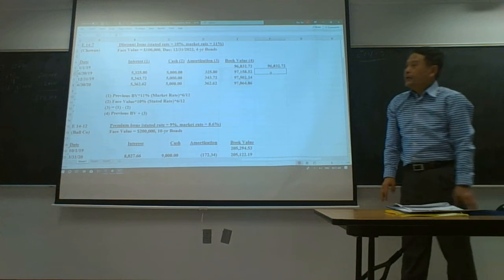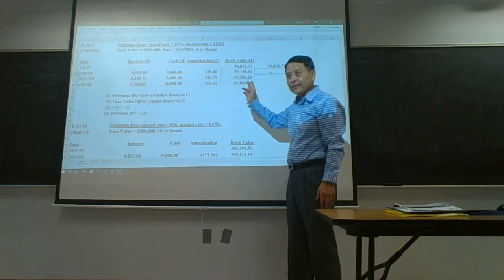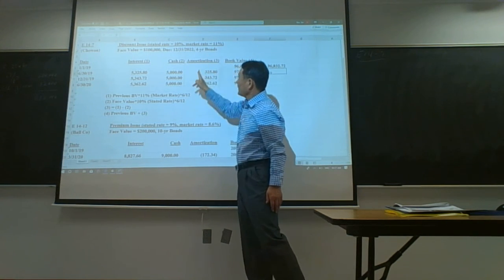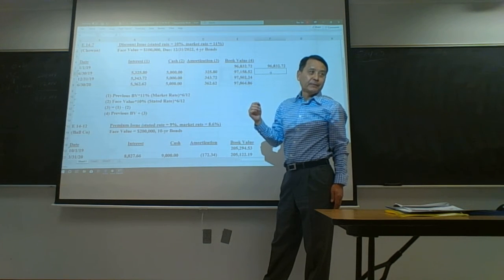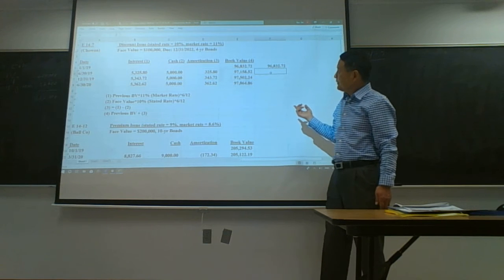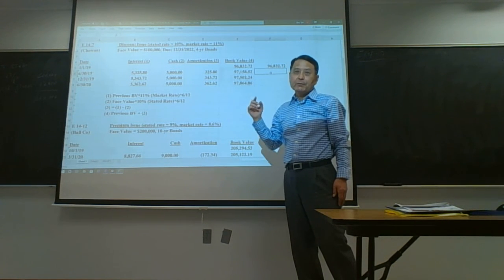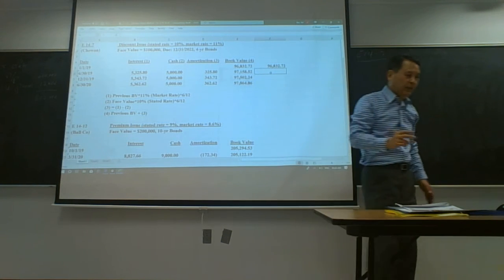So ending book value is 97,158. And this is a 4-year bond with semi-annual payments, so there will be a total of 8 payments, right? If you do the same thing 7 more times, you will come up with maturity value at maturity. Okay, let's check it out.